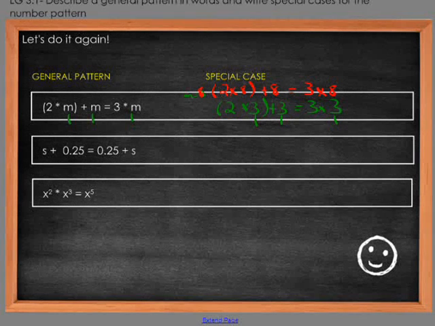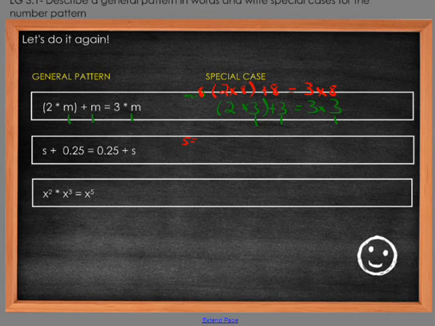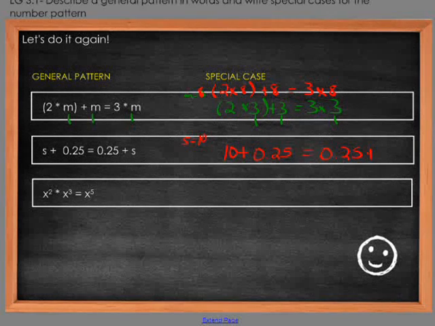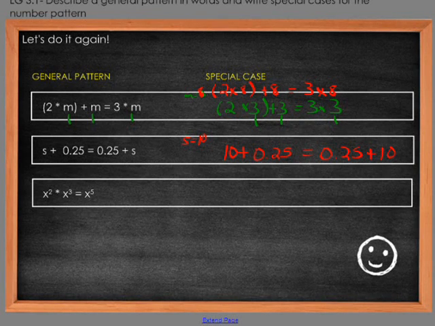For the second one, I am going to say s equals 10. So I would have 10 plus 0.25 equals 0.25 plus 10. So once again, whatever variable you chose for s, you would have put in those spots, and everything else would have remained the same.